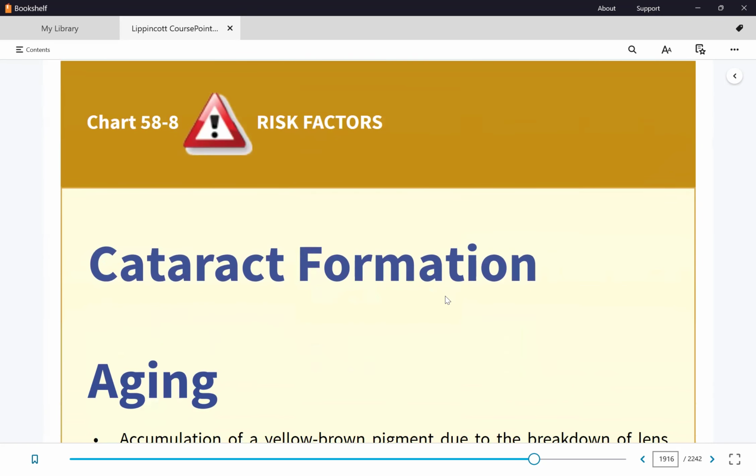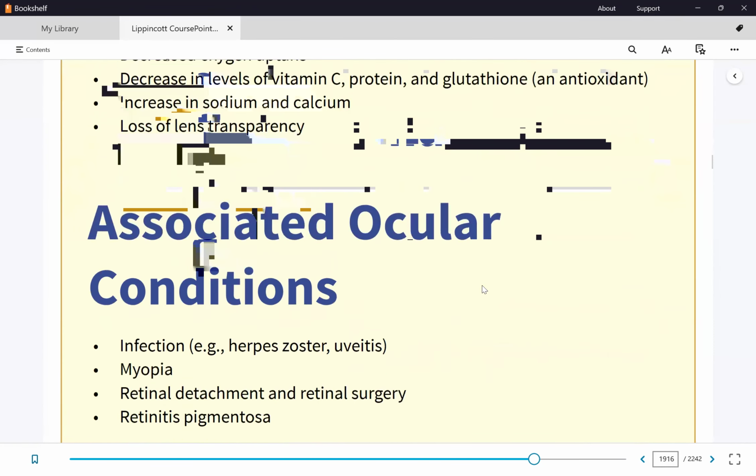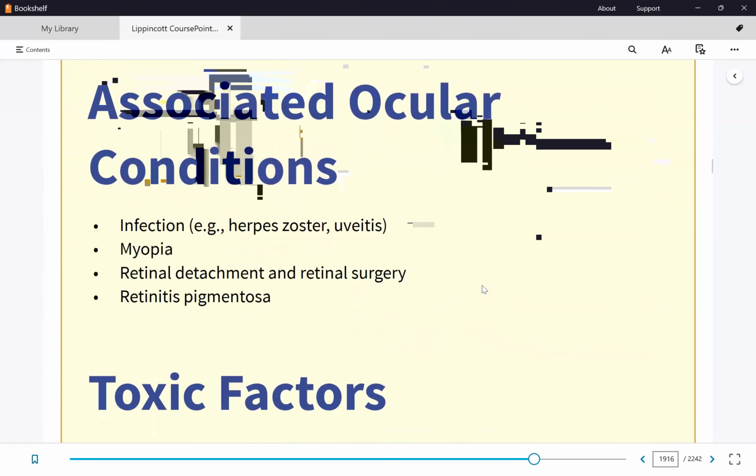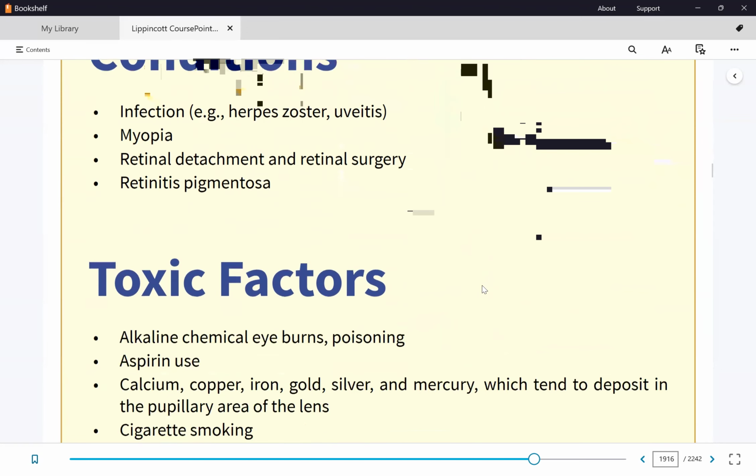Here are the risk factors. So it's not true that it's only age. Age is just one factor, but there are toxins or exposure to chemicals or organisms, infections, for instance, that can trigger cataracts.